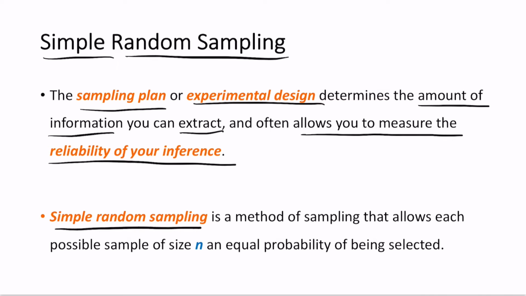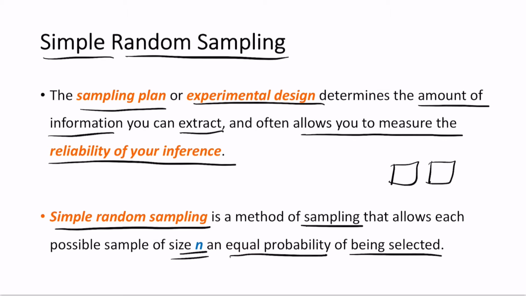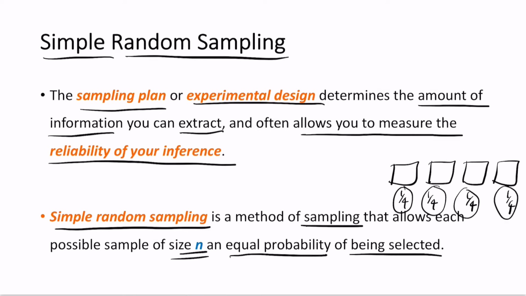Simple random sampling is a method of sampling where each sample of size n has an equal probability of being selected. For example, let's say there are 4 boxes. If the probability of selecting each box is the same, we call that simple random sampling. Here there are 4 boxes, so all boxes have a probability of 1 by 4 of being selected.